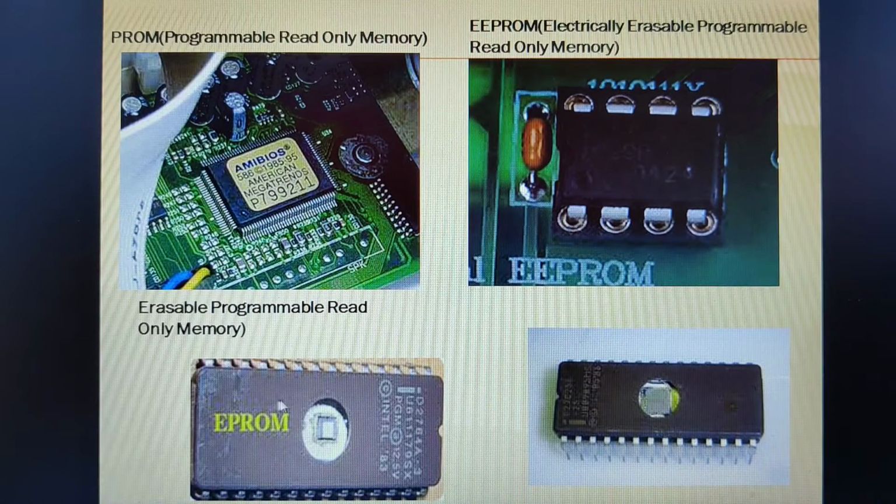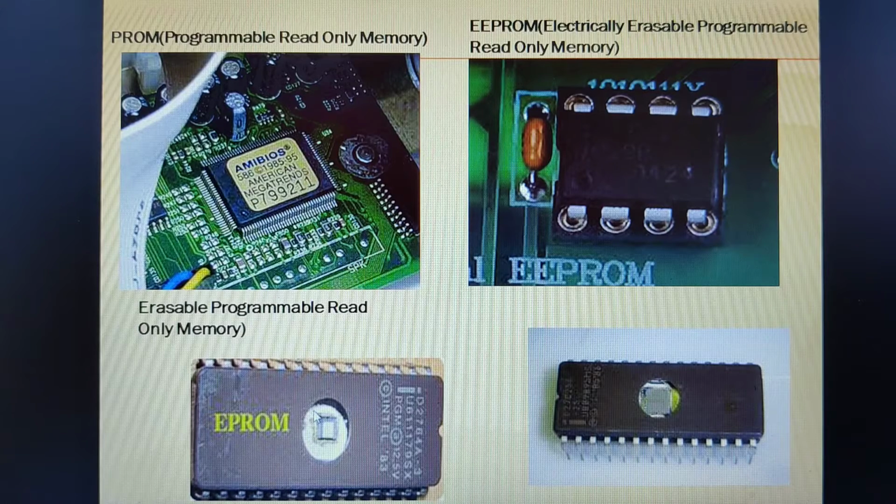But how are these contents being erased? Here you can see at the middle there is a transparent quartz crystal window at the top of this particular EPROM chip, wherein the UV light rays are passed in order to erase the contents of this EPROM chip.